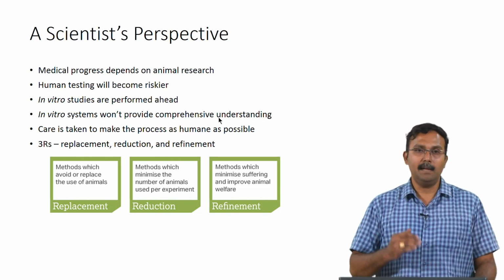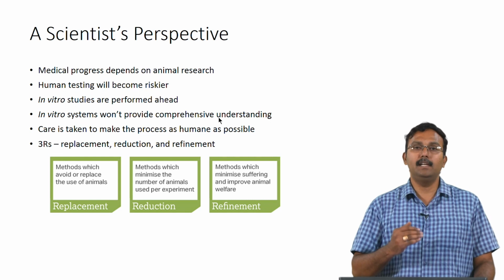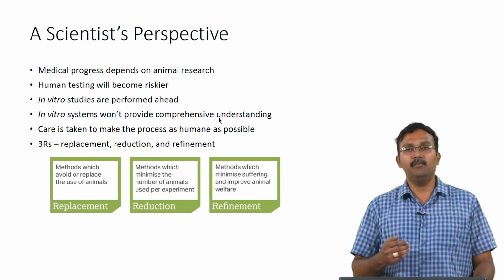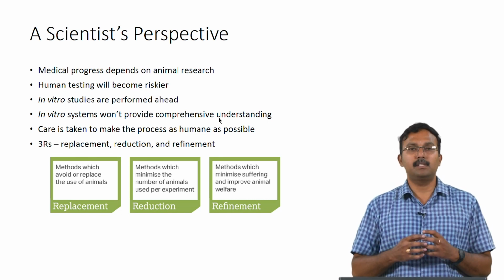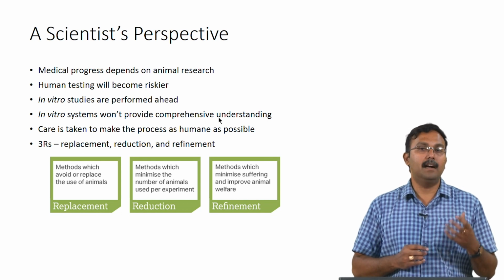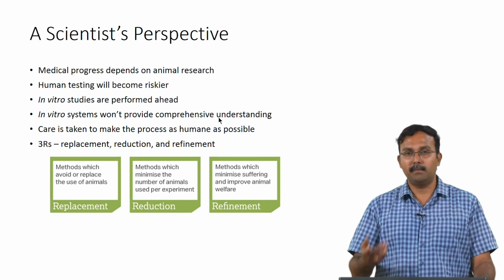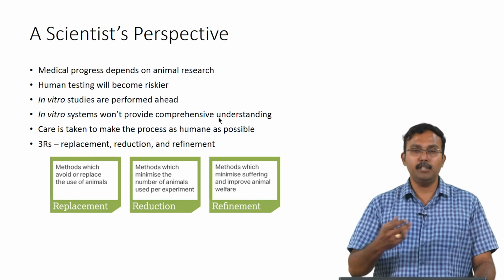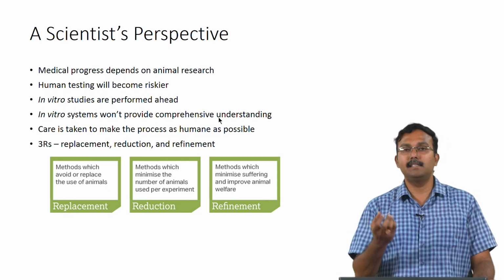But at the same time, in vitro studies can only take you so far. They cannot give you a complete understanding. In vitro studies at lab scale are probably done using cell lines or primary cells, or even if you create tissues, you are only looking at one single thing.